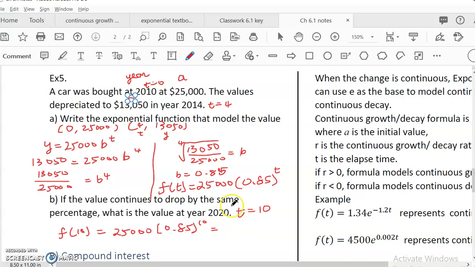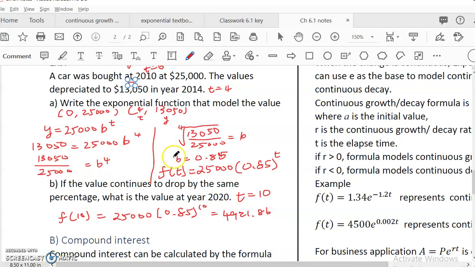Put everything in one shot in the calculator. Don't round it intermediately. Oh, it only depreciated to $4,000.86, to the nearest cent, after 10 years.